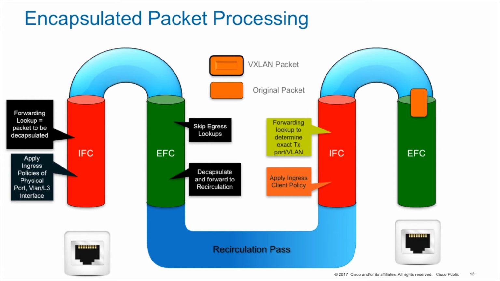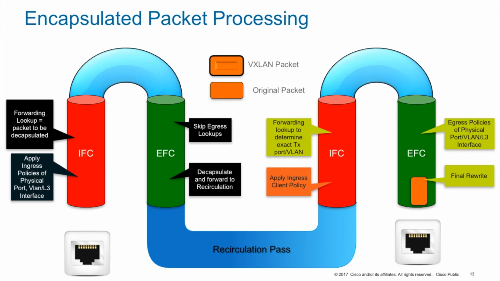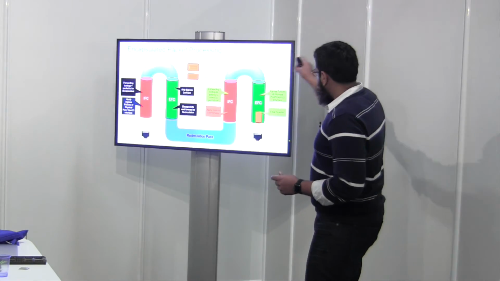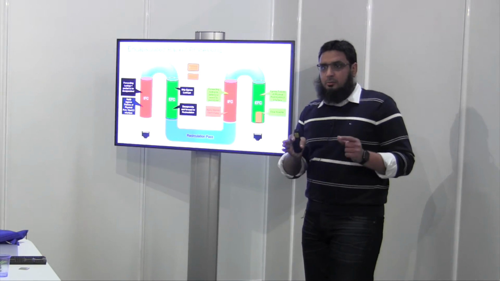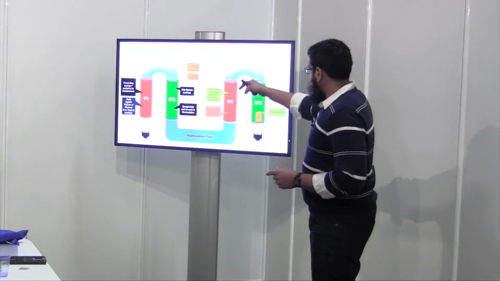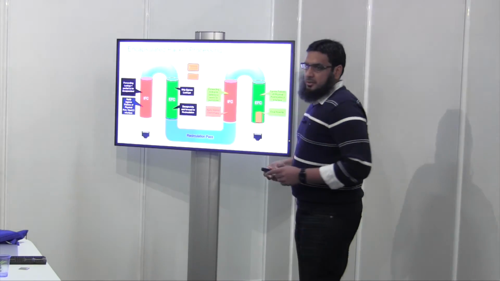Apply the necessary egress processing, egress policies. We'll do the final rewrite, and then we will send this packet out. So that's what's going to happen in a recirculation case. This could be multiple. When I say 16, this process could go up to 16 times.